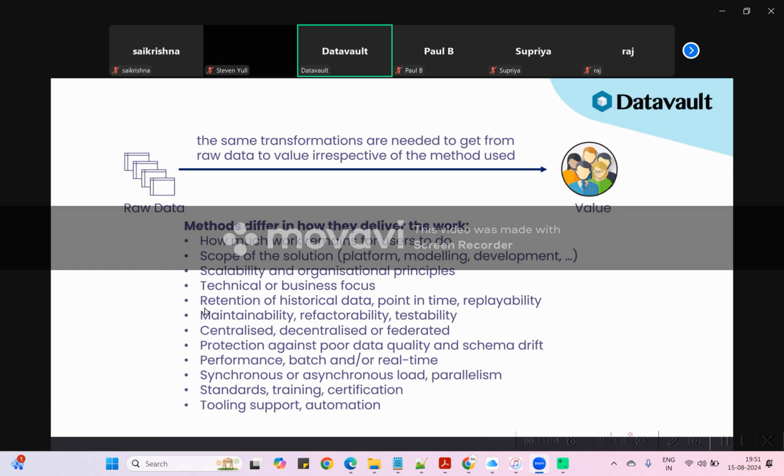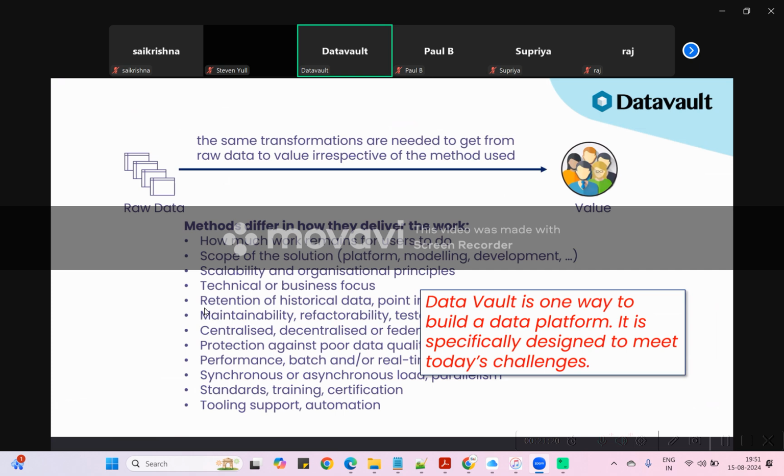Others, highly centralized methods, might say, well, we can't trust users to do anything, so we do all the work and just expose simple data sets to users to use for management. So all these methods vary in different ways, and Datavault really is just one way to build out your data platform. What I would say, and you'll probably find out through the presentation, is that it's specifically designed to meet what you need to do today. So it has answers to most of these challenges that we've mentioned already.